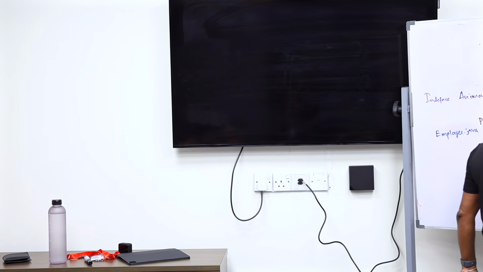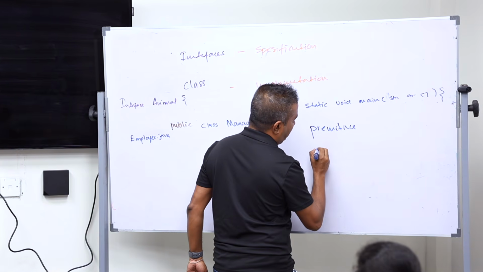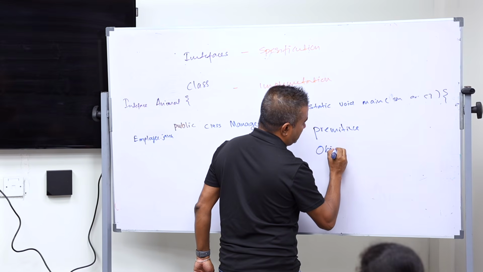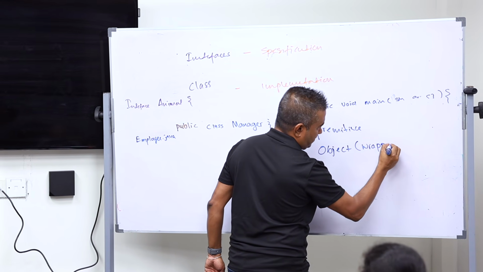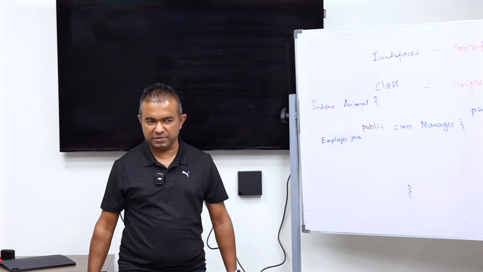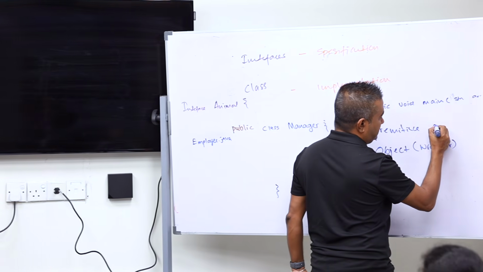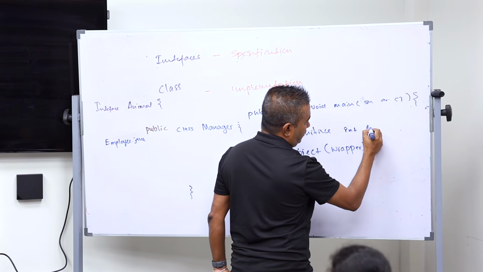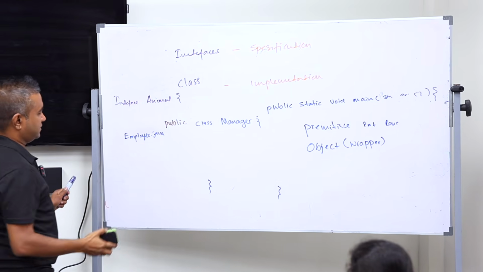One is the primitive type, and the other is the object type, which we call a wrapper. Okay? Primitive type and wrapper type. For example, you have int, long. Okay, let me write it differently so that you can understand easily.